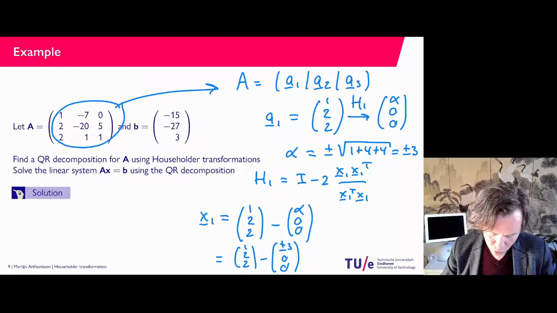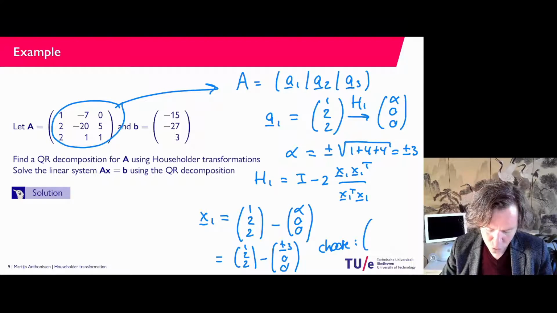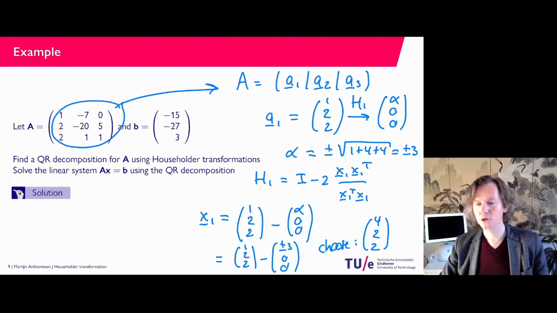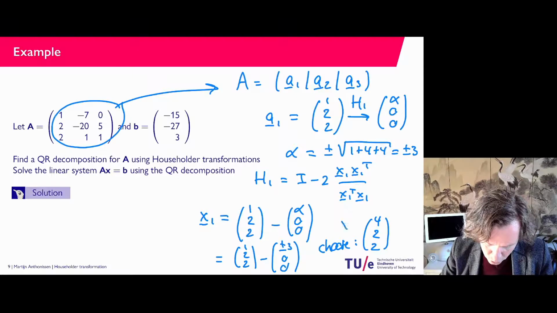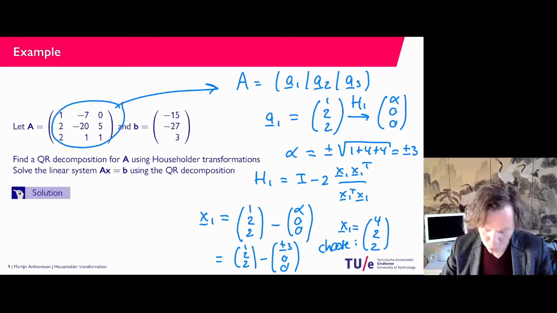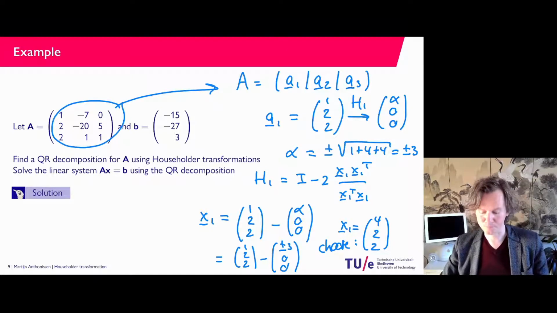So both would work, but we're going to choose 1 plus 3, so we're going to choose 4, 2, 2. So we are going to use x1, this vector. So choose x1 equals 4, 2, 2.